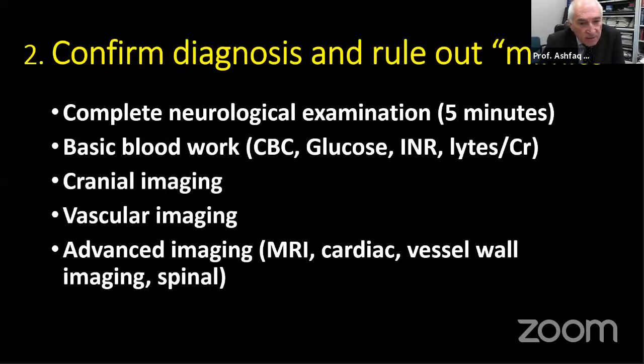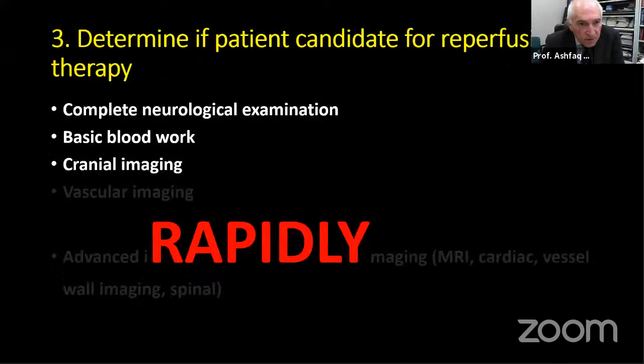Sometimes you'll do advanced imaging, and the advanced imaging is not done very early, but these imaging are done later on if there's some confusion about mimics. The MR certainly is very helpful for diffusion imaging, but you'd only do this after you've made sure the patient's been worked up for thrombolysis. So remember, this part has to be done rapidly.